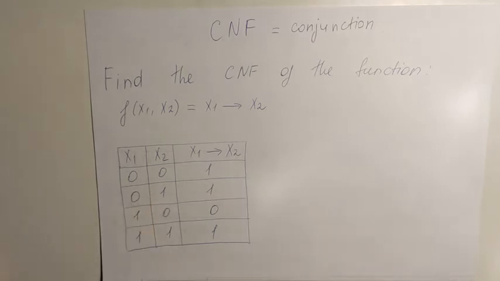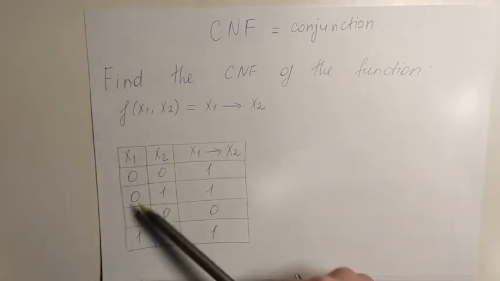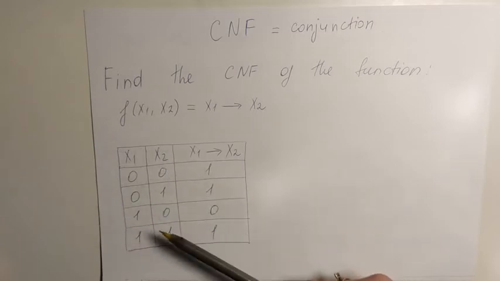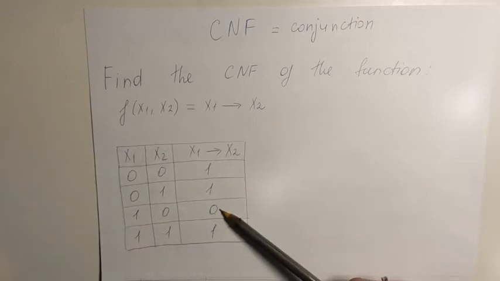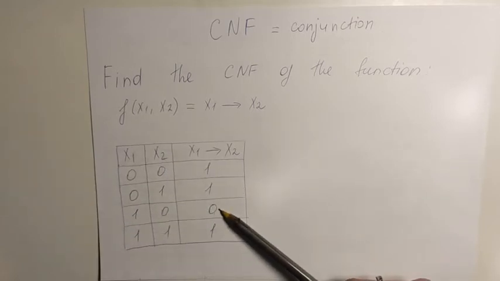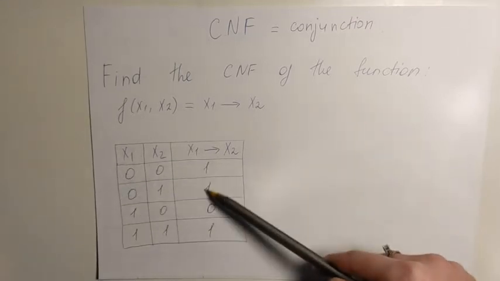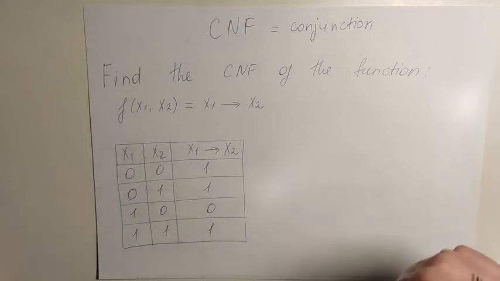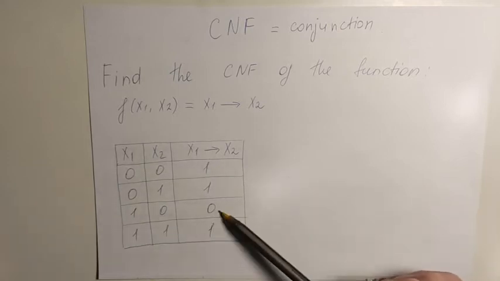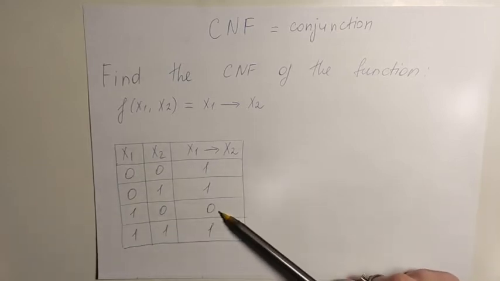If the first variable is 1 and the second variable is 0, then our result will be 0. All the remaining results are 1; only 1, 0 will give us 0.